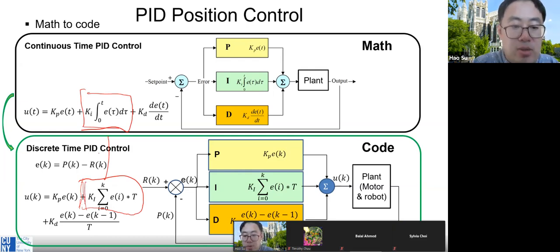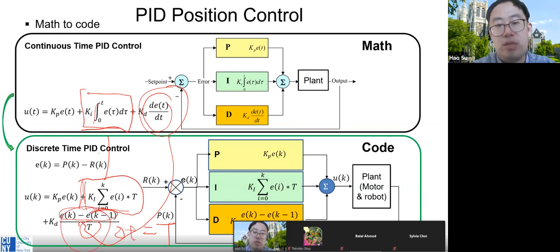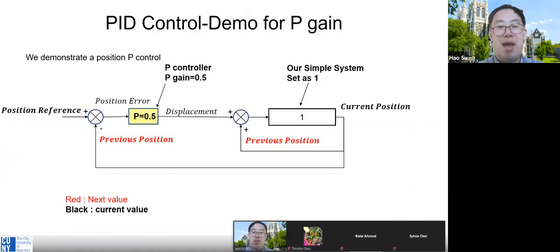Because in the discrete domain, you cannot do the integration this way. It doesn't work. You need to sum them together. Similarly, for this term, you need to do the dE over dt, where dt is the time step. So you calculate all three terms in a discrete manner.